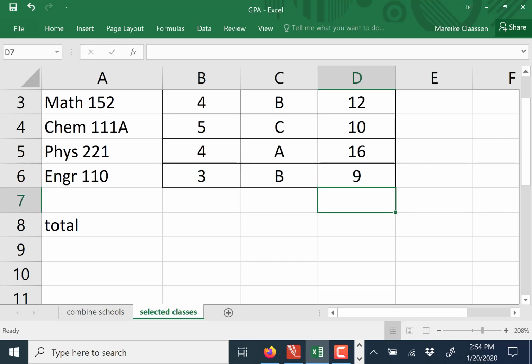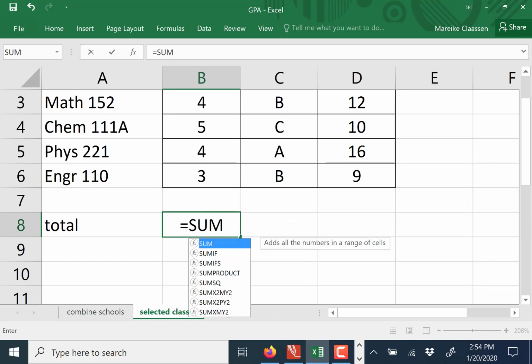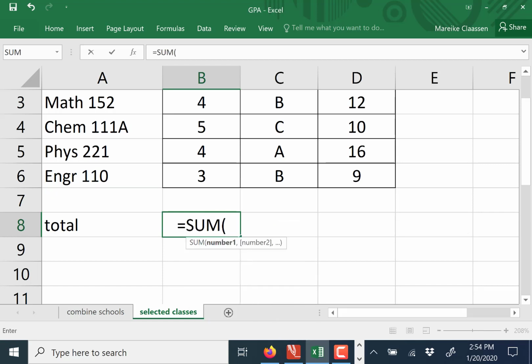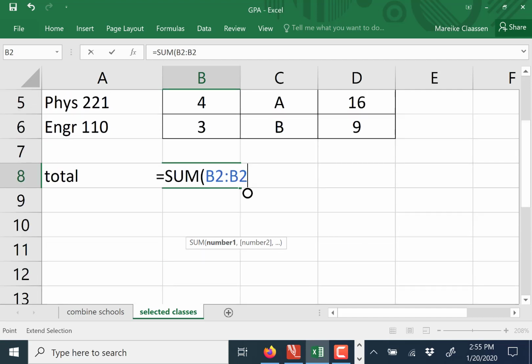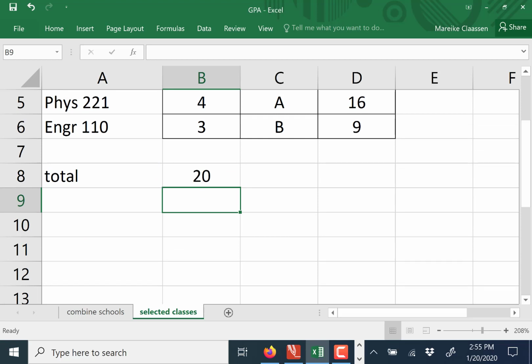And then again, I can calculate the totals by just doing the sum. So equals sum of, and I'm going to go from here all the way to here, right? Top cell to bottom cell. And I can do the same thing here.